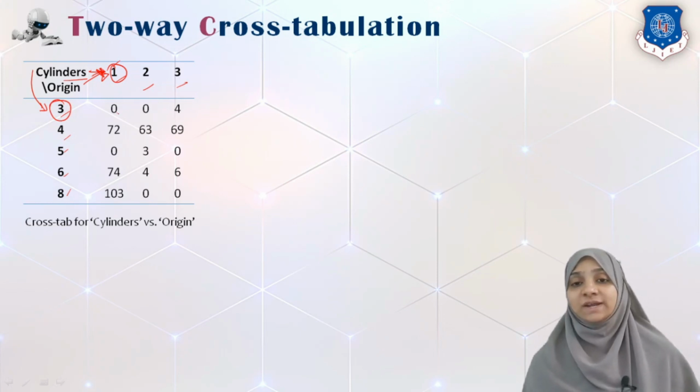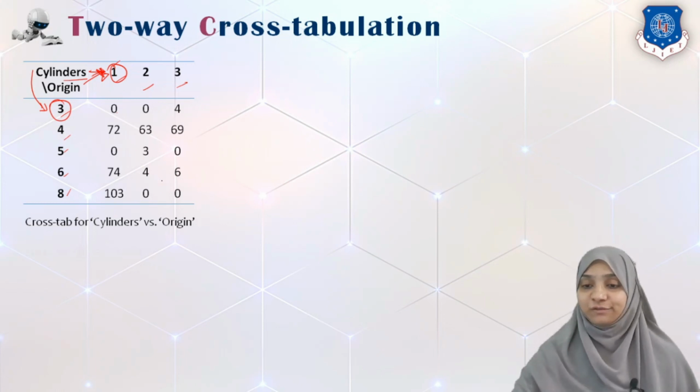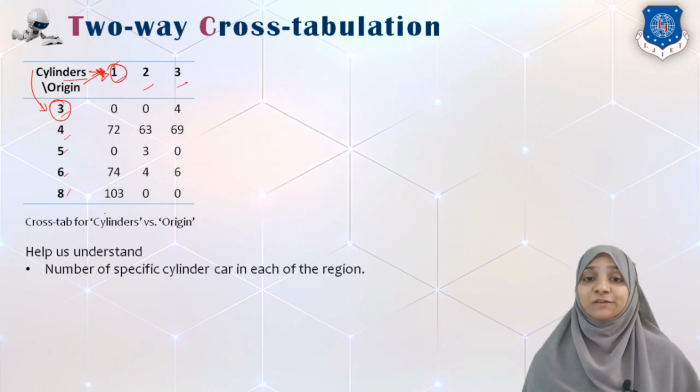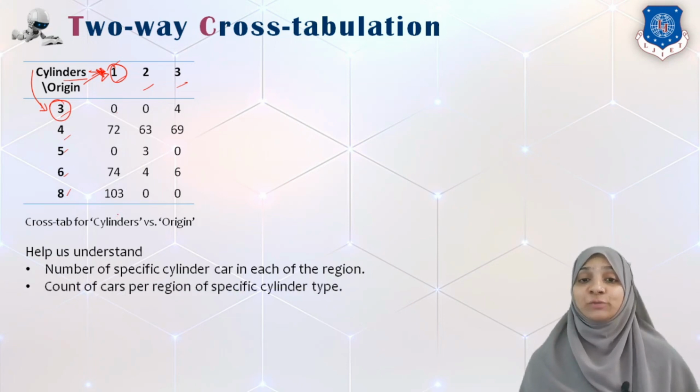There are 0 rows like that, and likewise we have calculated all the values. They help us understand the number of cars of a specific cylinder count produced in a region. Say in region 3, how many cars have been manufactured with 8 cylinders? I will sum up all these values.